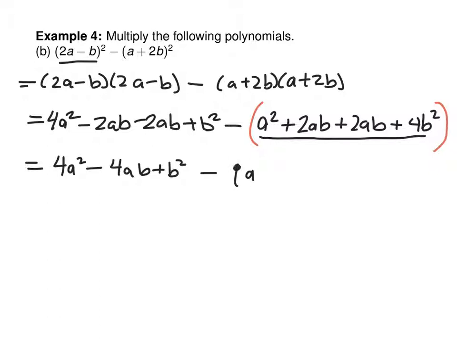Okay, minus, that's a scribble, don't write that down, a squared. So when I add this 2ab plus 2ab, I get 4ab, right? With the negative distributed, it's making it negative 4ab. Okay. And then minus 4b squared.